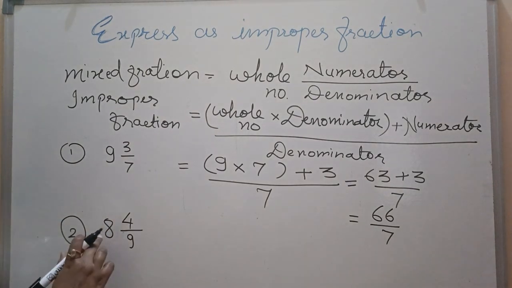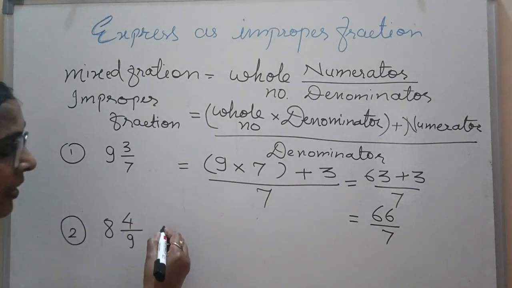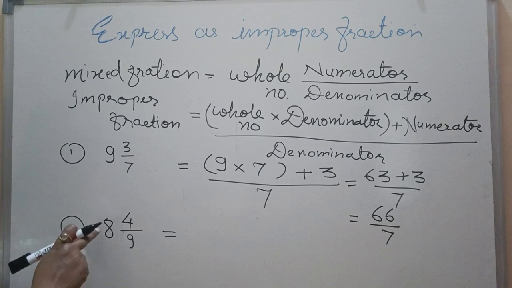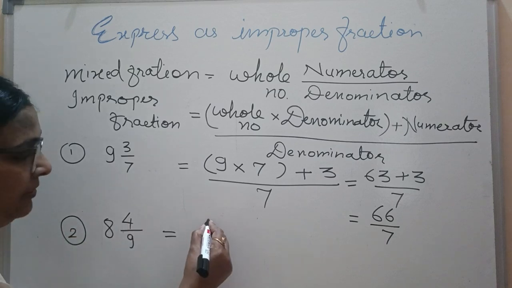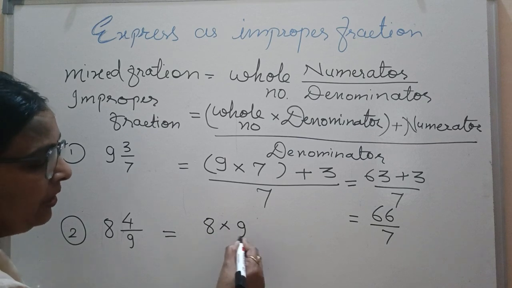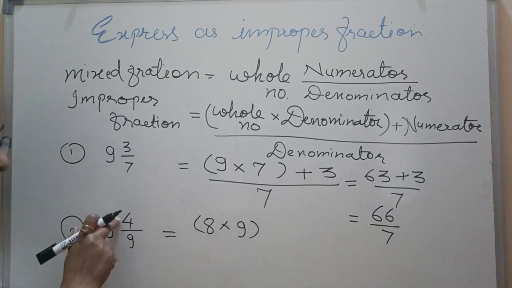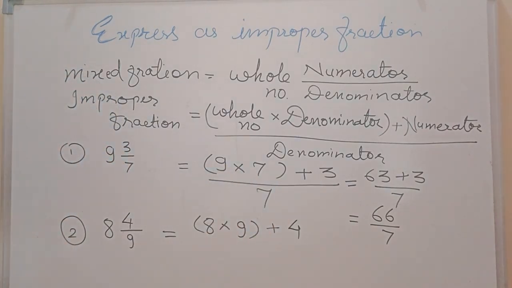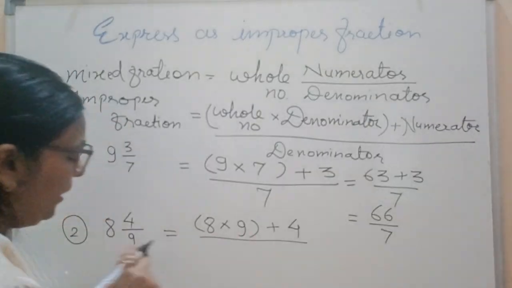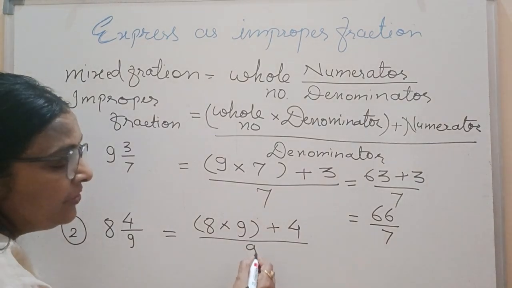Now next, 8 4 by 9. Again, how are you going to write here? Whole number into denominator, that is 8 into 9 plus numerator, that is 4, divided by denominator 9.